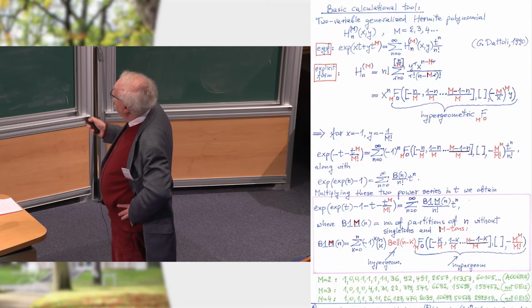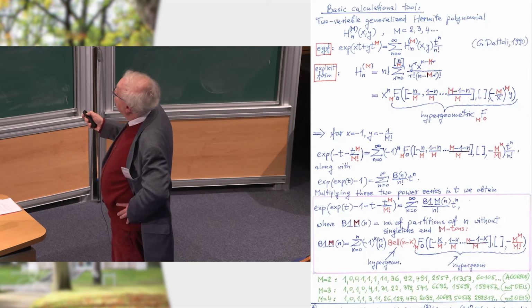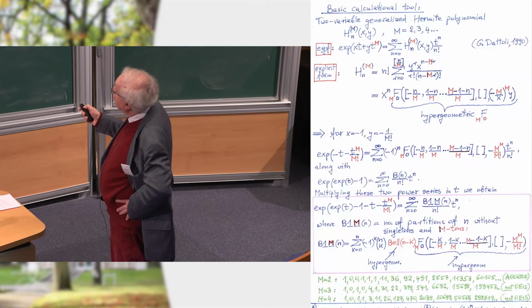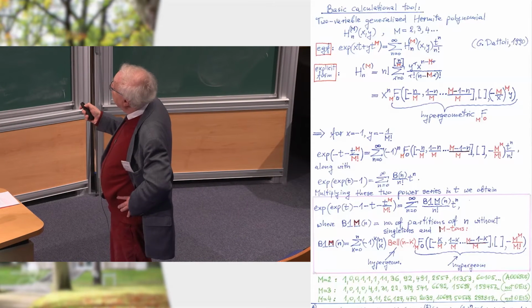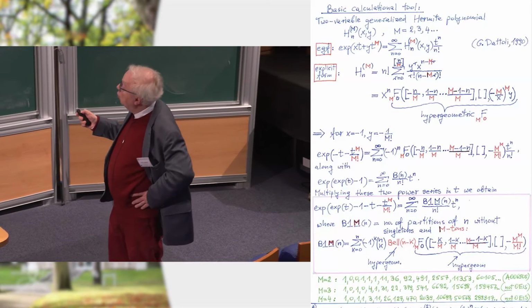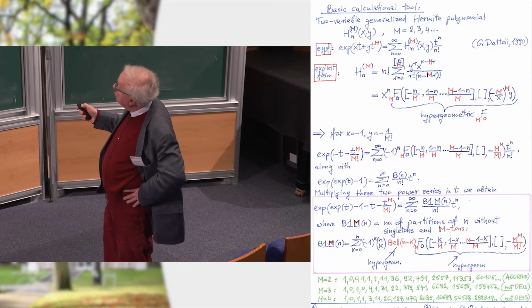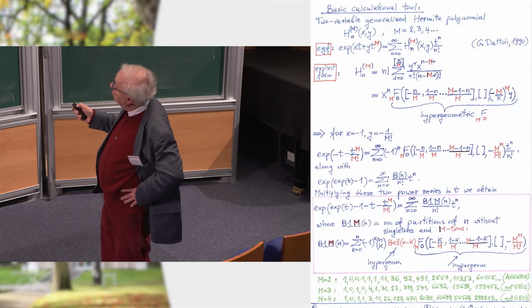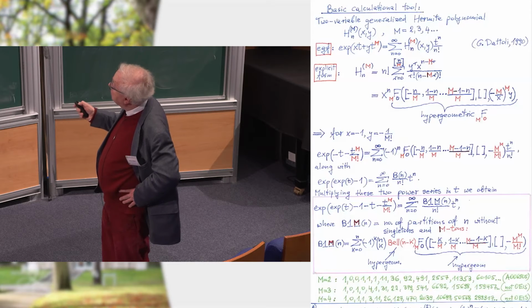And you remember, now we have polynomials of two variables. Hermite polynomials have only one variable. Now we extend this definition to the second variable y, okay? And in fact, this extension is given by this formula.